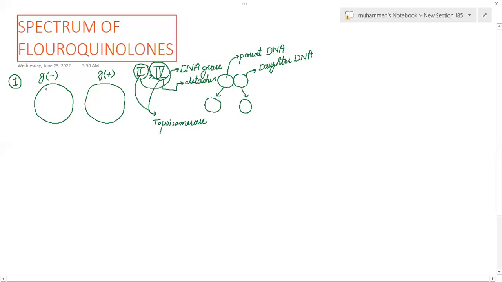Now come to these two circles. One is gram-negative bacteria and the other one is gram-positive bacteria. It is said that in gram-negative bacteria, topoisomerase 2 is in excess, and in gram-positive bacteria, topoisomerase 4 is in excess.